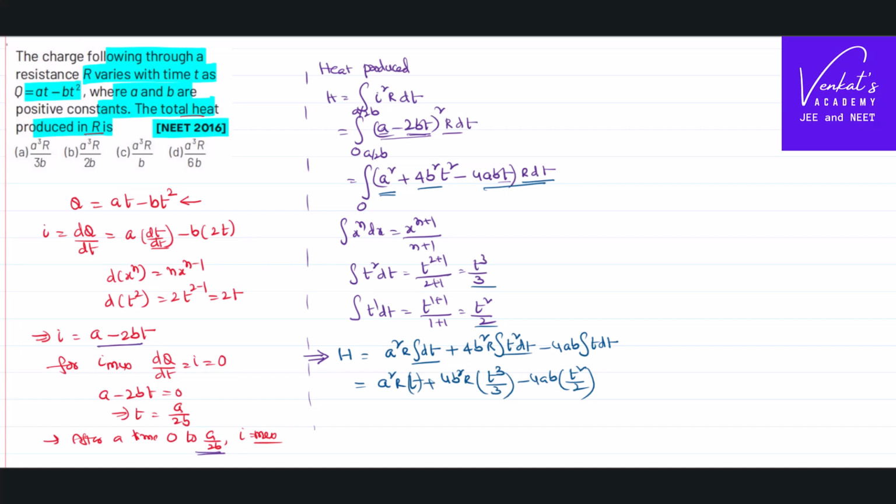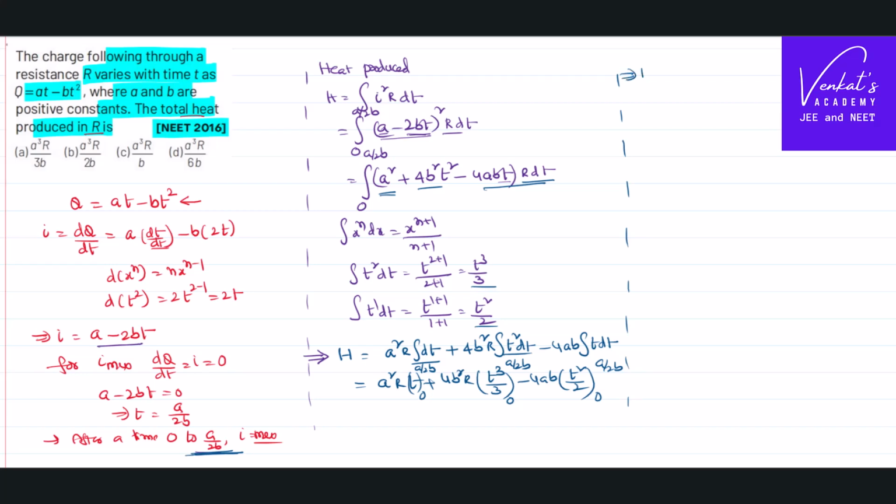Every time, t is varying from 0 to A by 2B, because after A by 2B it becomes maximum. Let us simplify this and see what our answer is.